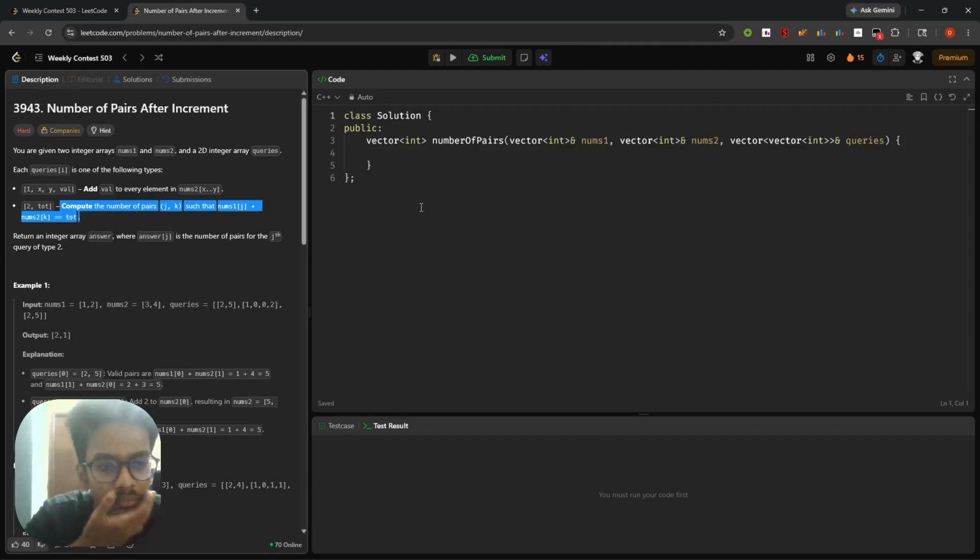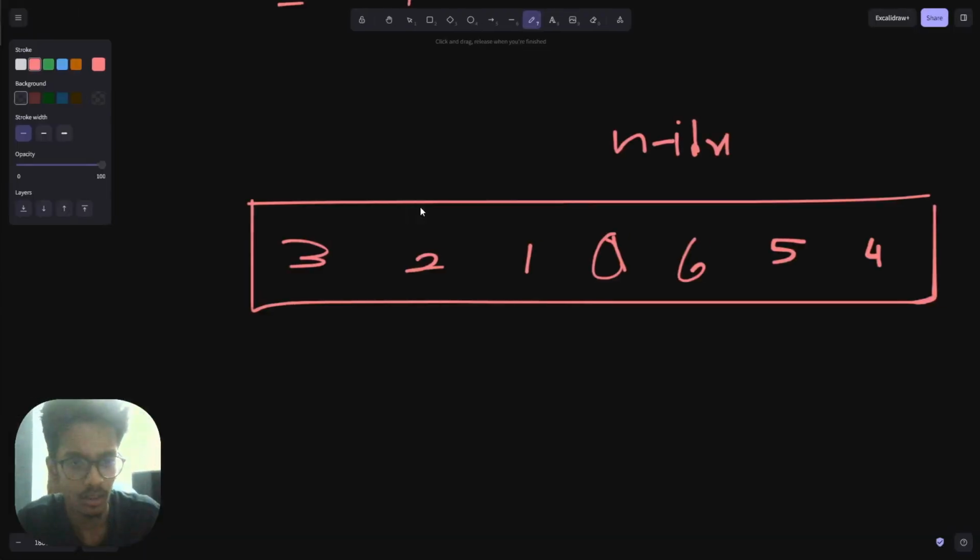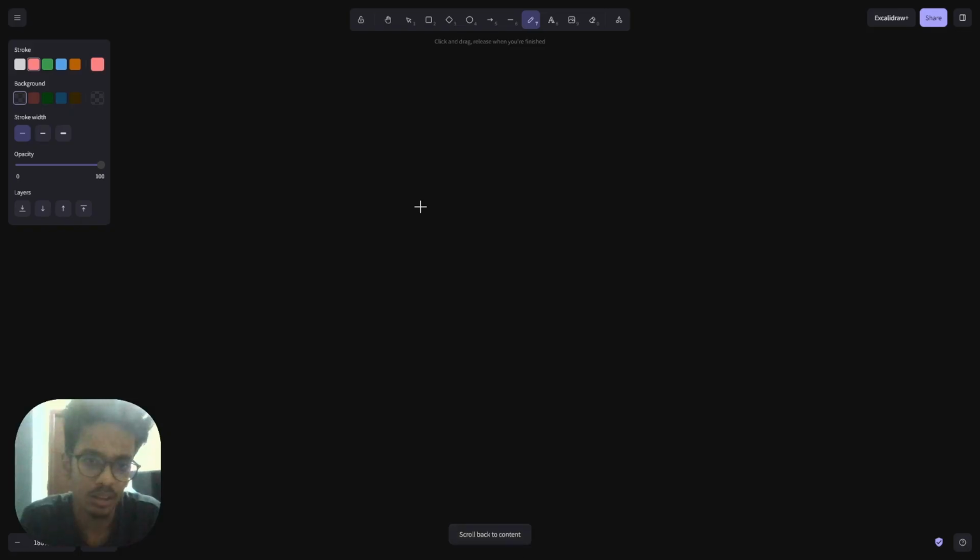Fine. So the add kind of query should work, and this kind of query should also work. There's a technique called square root decomposition, if you have heard of it.